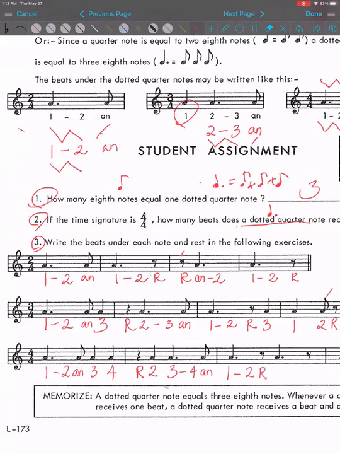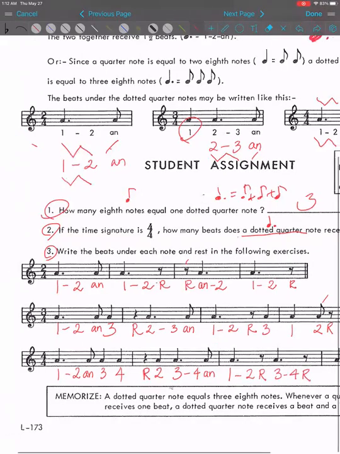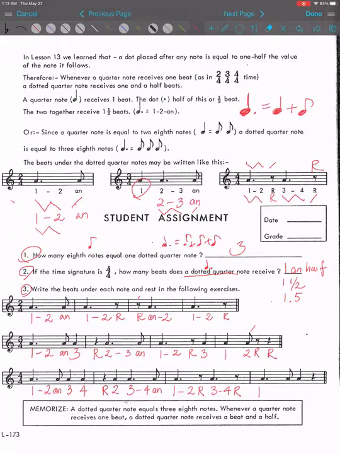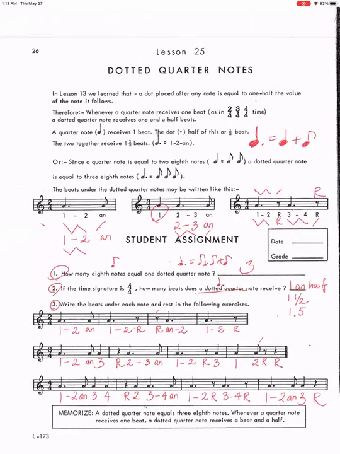And the next beat will be 3 and 4, rest. And then 1 and 2, 1.5. And I should write it in. I almost wrote it as a rest. So 1 and 2 and 3, and then rest. That's the end of lesson 25.